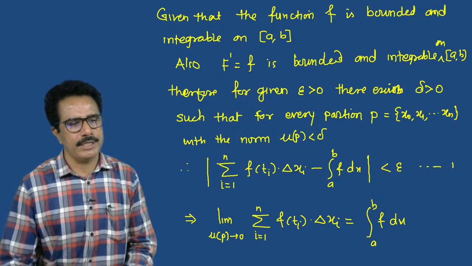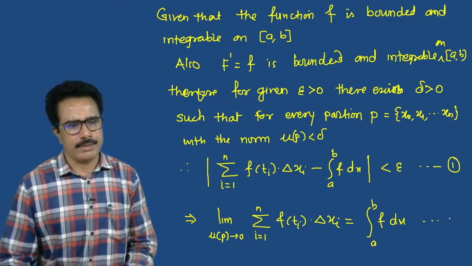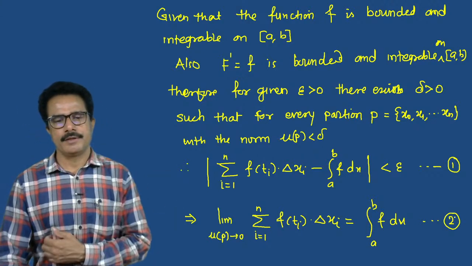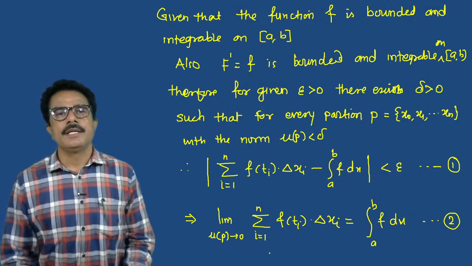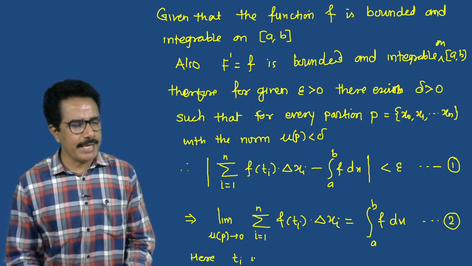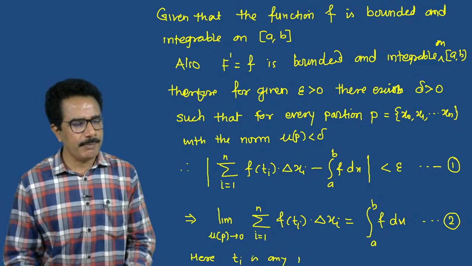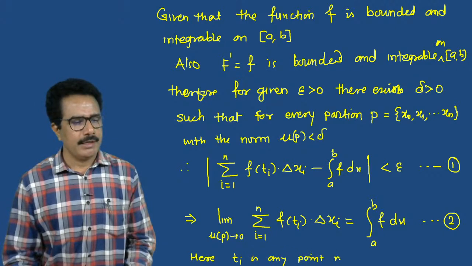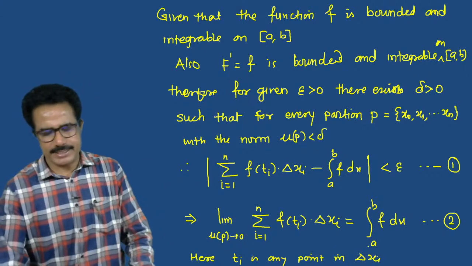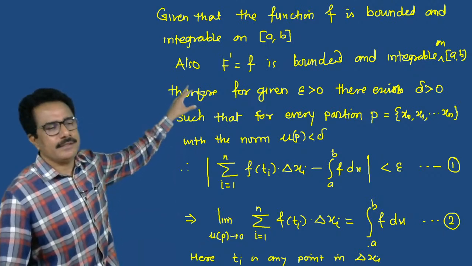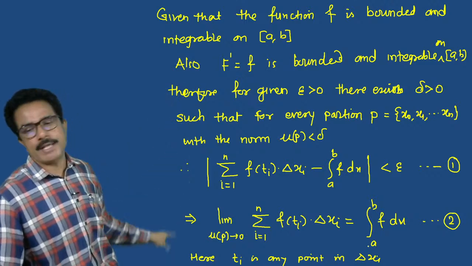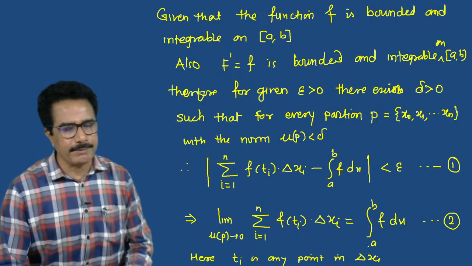Suppose this is inequality 1, this is equation number 2. Here ti is any point in delta xi. Given that the function f is integrable and bounded, we have used the definition of the Riemann sum.